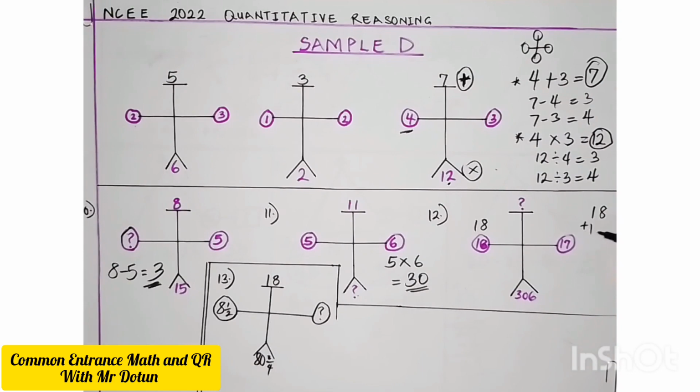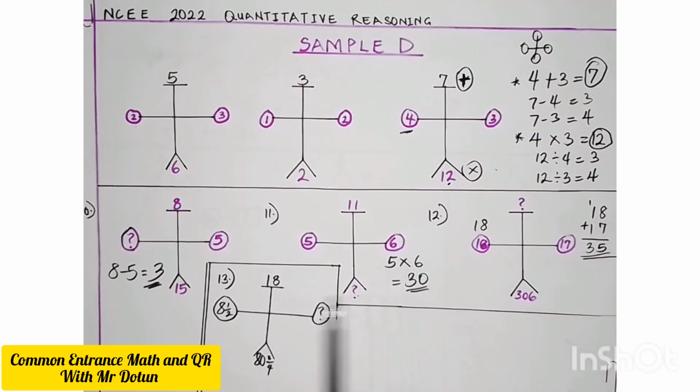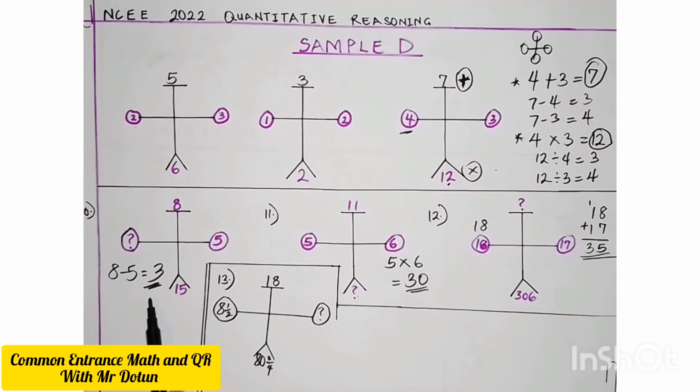So 7 plus 8 is 15. Write my 5, take 1 up. Then 1 plus 2 plus 1 plus 1 plus 1 will be 3. So the answer is 35. So number 12, answer 35. Number 11, 30. And number 10, 3.